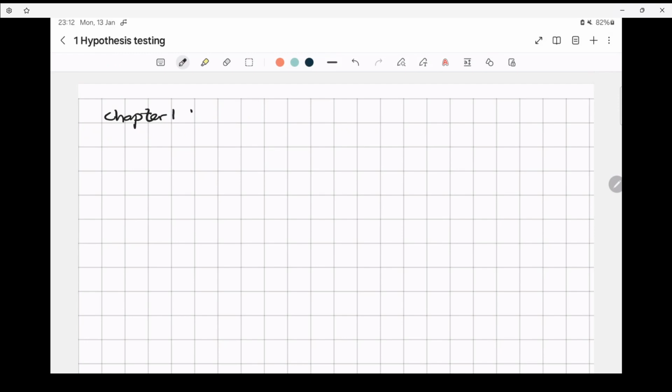Today we will go into the first chapter of S2, which is on hypothesis testing. The idea of hypothesis testing is to see how likely a certain claim is to happen by chance, or whether it is statistically significant. So what is hypothesis testing?